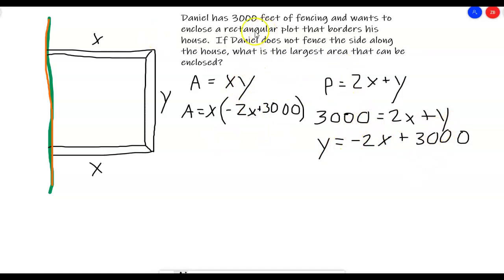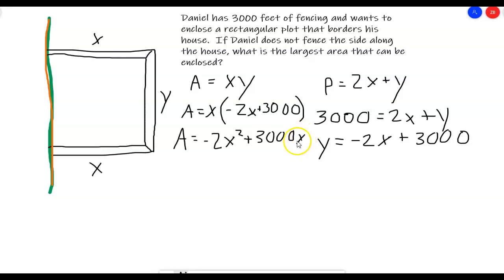I used the perimeter because they told me how much fencing I needed, and that corresponds directly with perimeter. Now if I distribute this out, I get A is equal to negative 2x squared plus 3,000x.